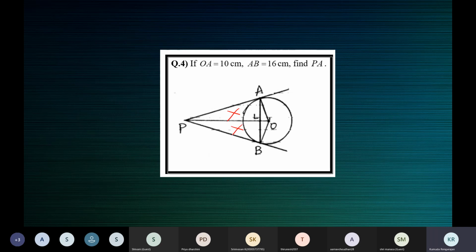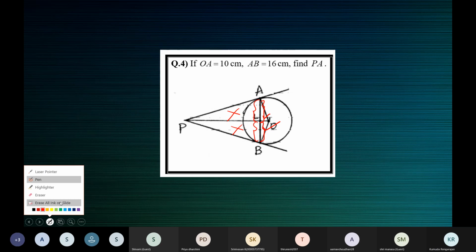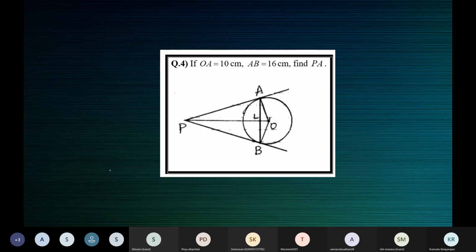Even if you prove that either pair of triangles is congruent, you can get the result AL is equal to BL, because they are corresponding sides in both sets of triangles. Is that fine, children? Shall we proceed? Yes, ma'am. Okay, thank you.